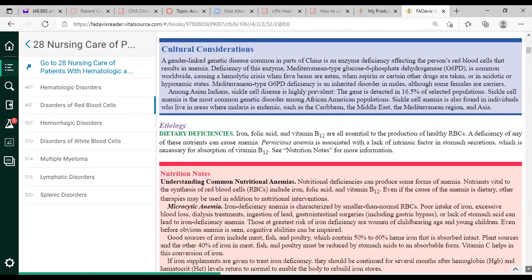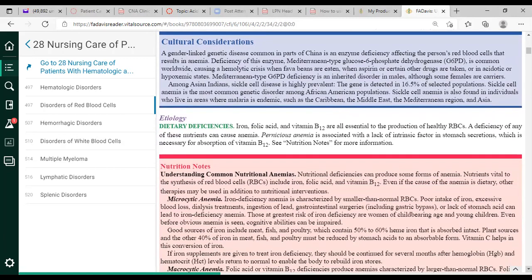Okay. And it talks about the etiology. What it points out is that vitamin B12 deficiency can result in pernicious anemia. Actually, will somebody read this paragraph under etiology? Dietary deficiencies: iron, folic acid, and vitamin B12 are all essential to the production of healthy RBCs.